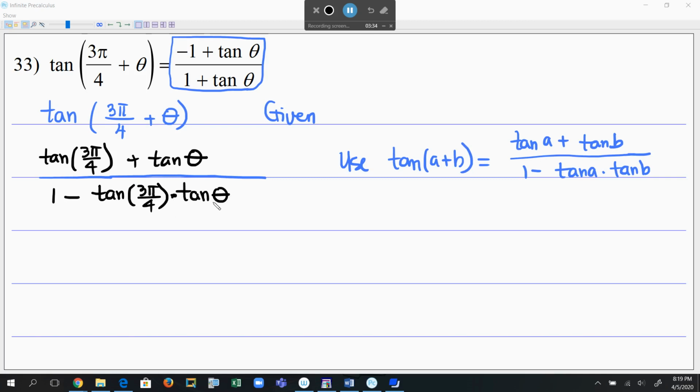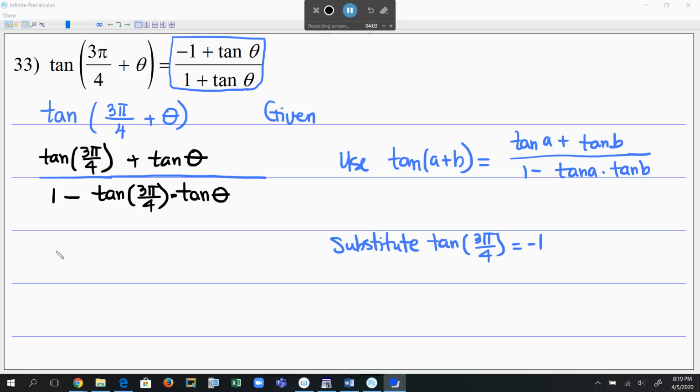Okay, so now the next step, we are going to substitute tangent of 3 pi over 4 for -1.